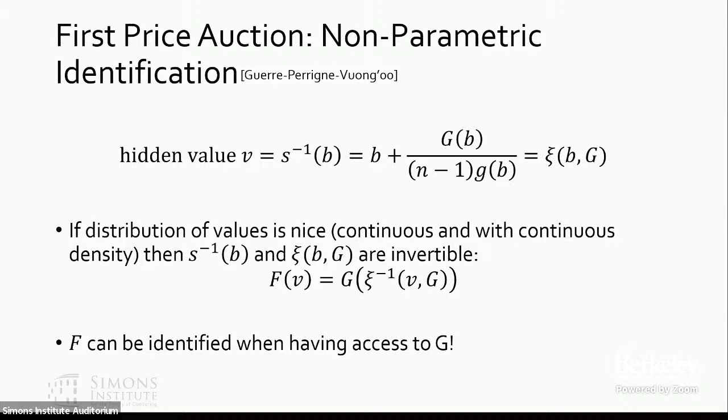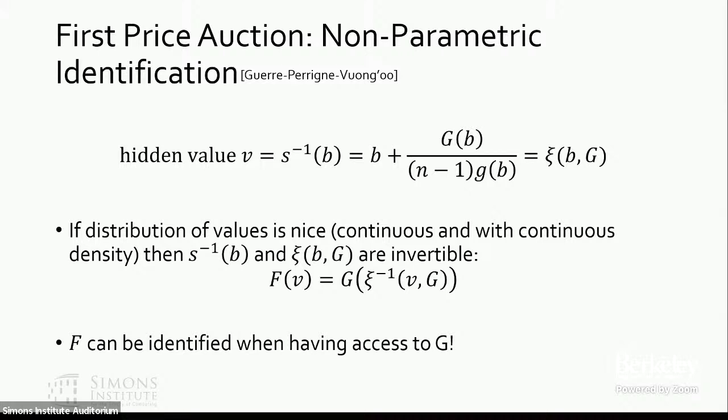And now, given those distributions of bids, if you give me a bid of a player, I can give you what their value was. Right? That's what this says. It says that if you give me what bid you submitted, and you also gave me the equilibrium CDF and PDF, I can then reverse engineer and tell you what that hidden value, V, is, if that symmetric monotone equilibrium assumption was satisfied.